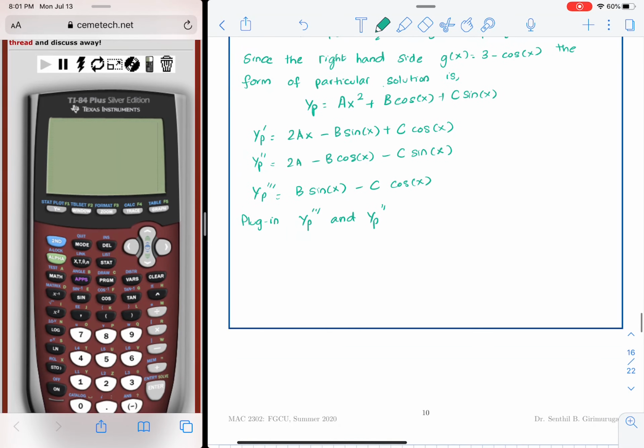In y triple prime minus 6 y prime equals 3 minus cosine x.